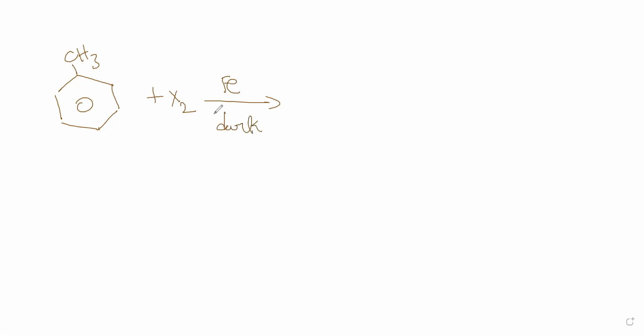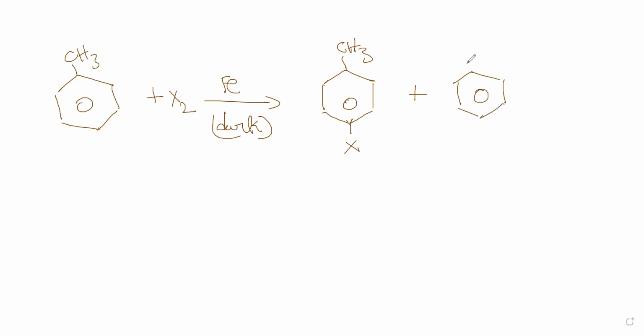Next part is that suppose you have a CH3 group on a benzene ring. This is called toluene. Now when we make it react with X2 in the presence of iron in dark, we get two products. X can be at the para position, or X can be at the ortho position.